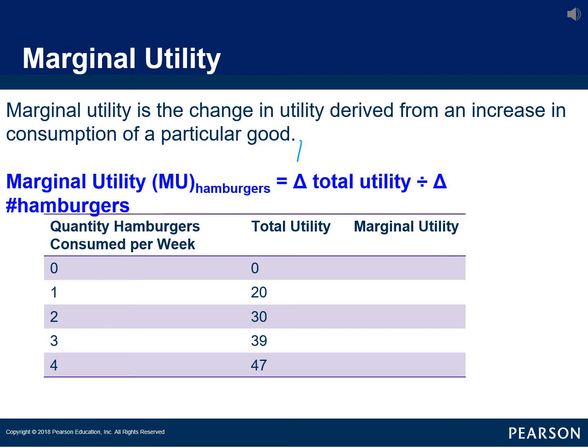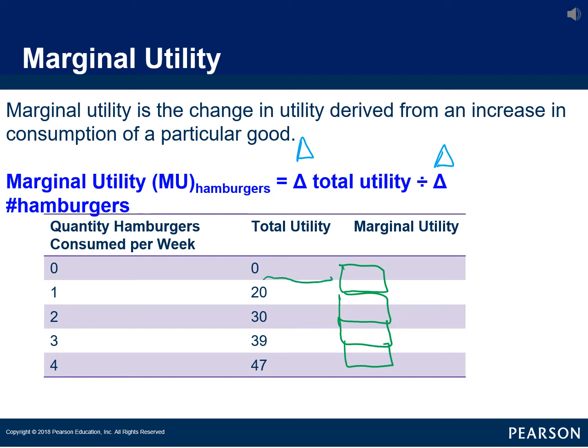This delta is change in total utility, and change in hamburgers. Now we have multiple marginal utilities to figure out here. We can figure out the marginal utility from going from 0 to 1 hamburger, from 1 to 2 hamburgers, 2 to 3 hamburgers, and 3 to 4 hamburgers.